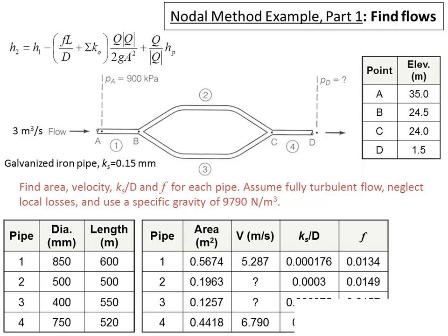So head loss through pipe 2: f L V squared divided by D 2g. The f for pipe 2 that we said was 0.0149. Pipe length is 500 meters. The velocity through 2 is 9.98 meters per second.